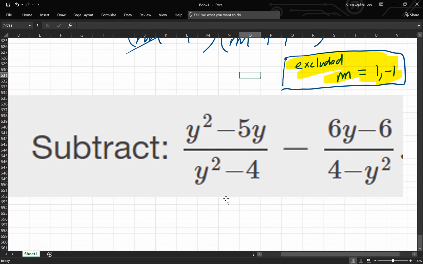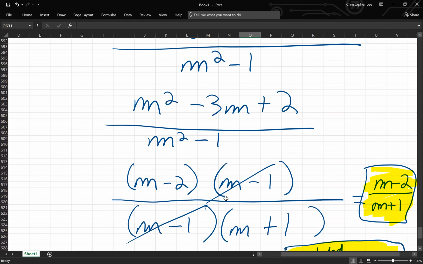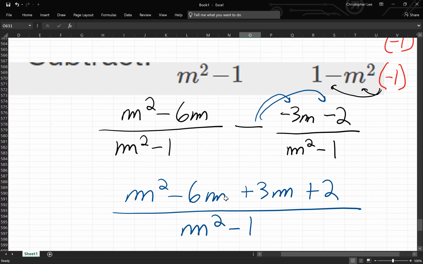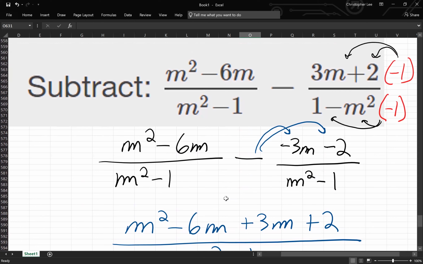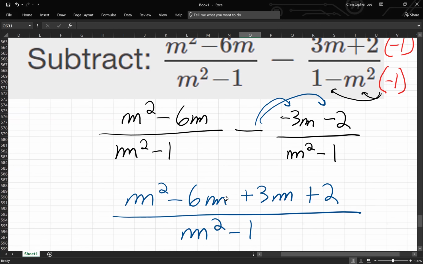Like up here. Two of them, negative 1 over negative 1.